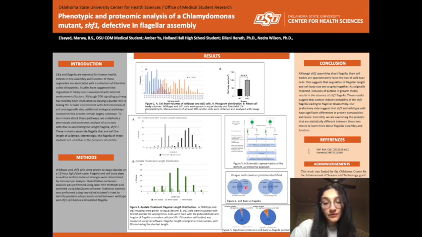Over here in figure 4, we see the total cell bodies and the total flagella. We identified the number of cell body proteins that were specific to the mutant, which was 426, and specific to wild type, which was 1,293, and in the middle are the proteins the two had in common with one another.